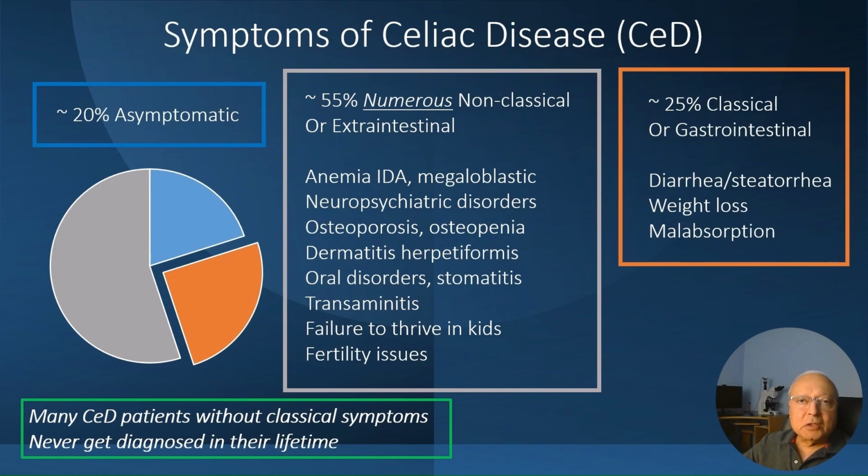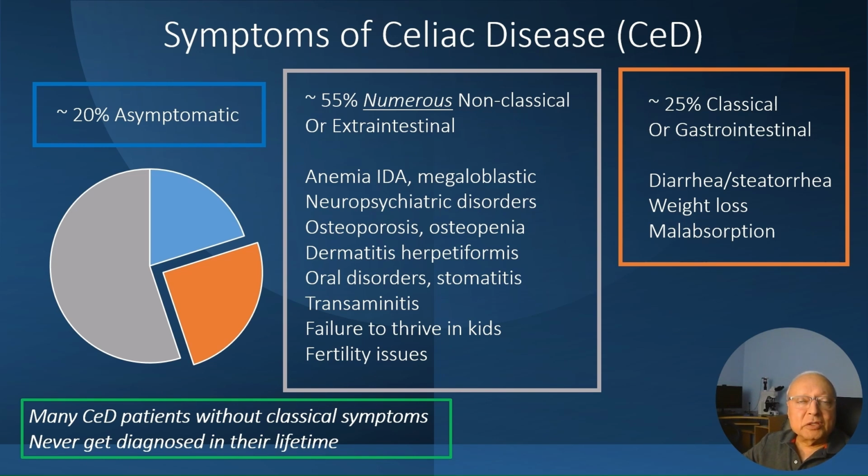Celiac disease truly has a very wide spectrum of symptoms. In fact, the classical symptoms that people associate with celiac disease, such as diarrhea that is very frothy and fatty, so-called steatorrhea, weight loss, and malabsorption, the classical intestinal symptoms, are present only in about 25% of patients.